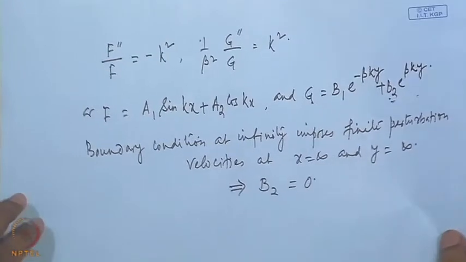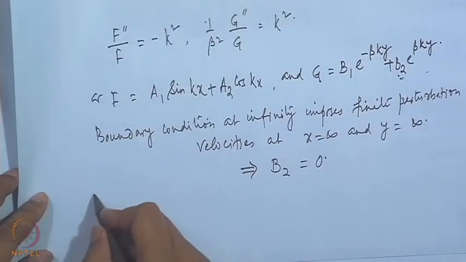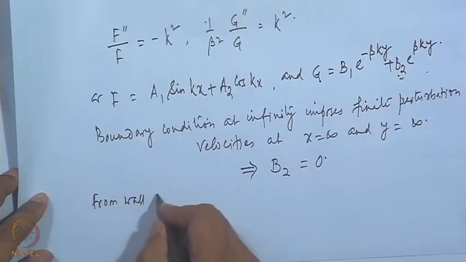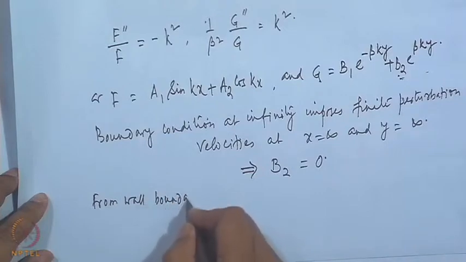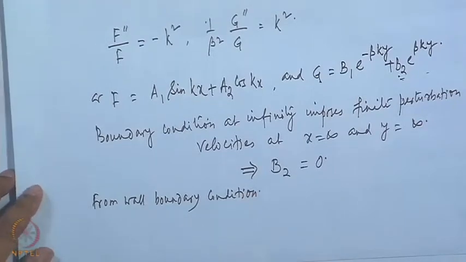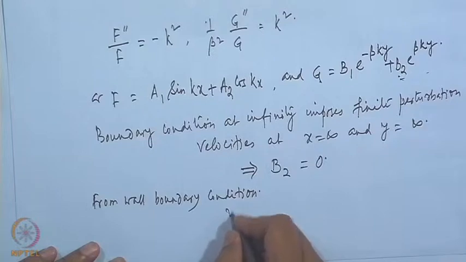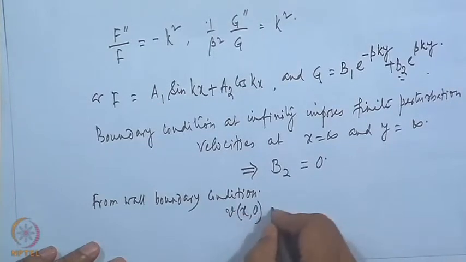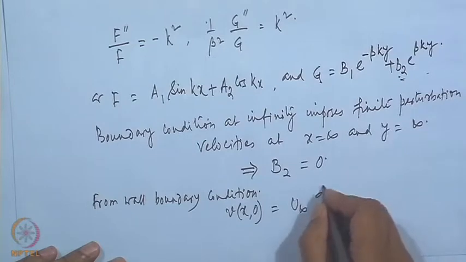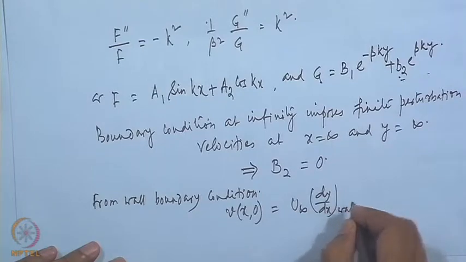Now, for the wall boundary condition, the wall boundary condition we have written as V x 0 equal to u infinity dy dx at the wall.